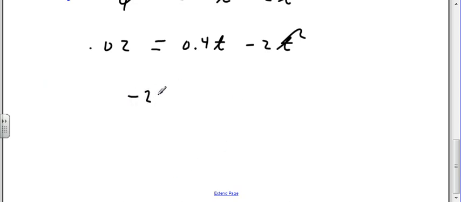Minus 200t squared plus 40t minus 2 is equal to 0. Oh, well, that was just so Marby. What if that factors?